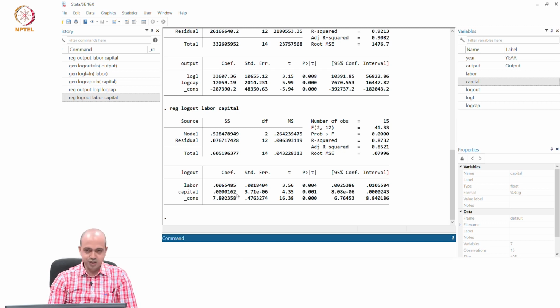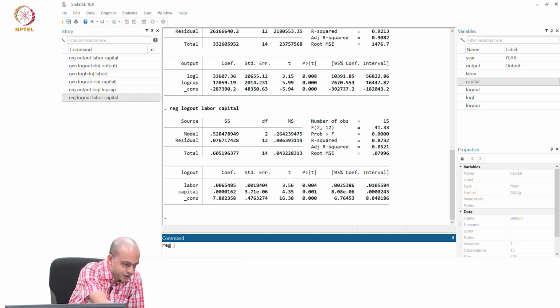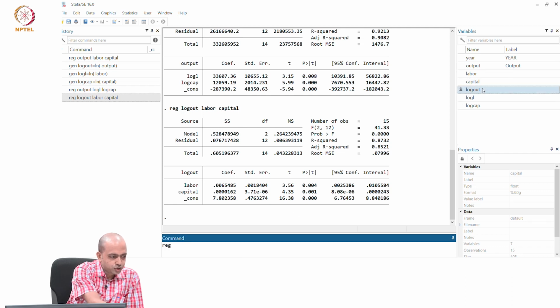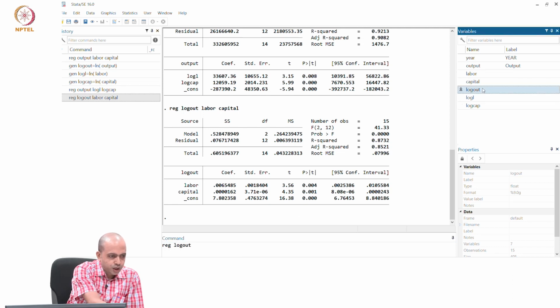Then lastly, we will estimate the fourth model where both are log transformed. So, we will estimate this type of model: reg, then log output, and we are regressing on log of lever and log of capital.